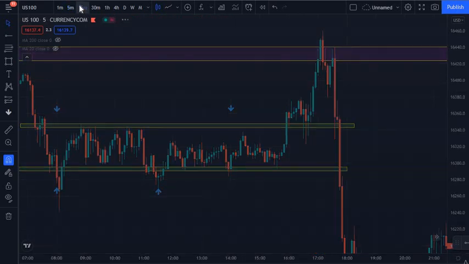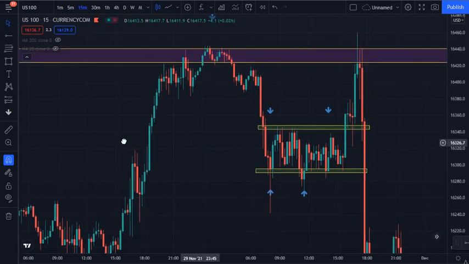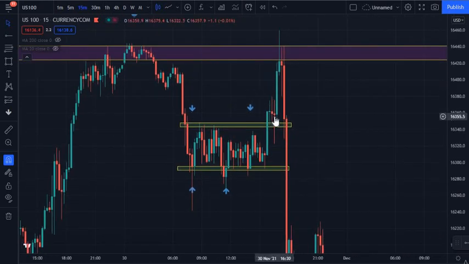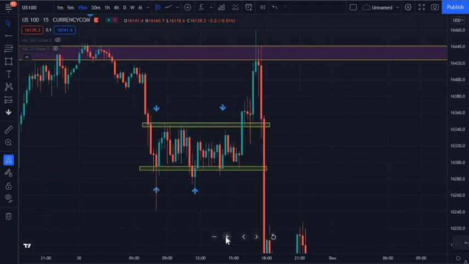So as you can see, price pushes down, it rejects the zone, it pushes back up, and once this candle closes, this is when we will enter our trade, right? So we saw price rejection at this area, and this is when you are going to take that impulsive buy, right?